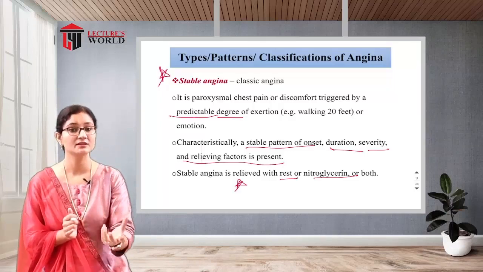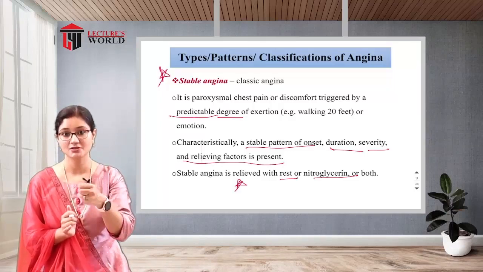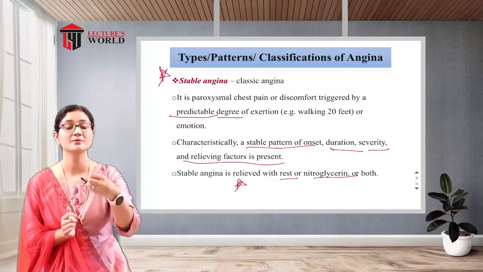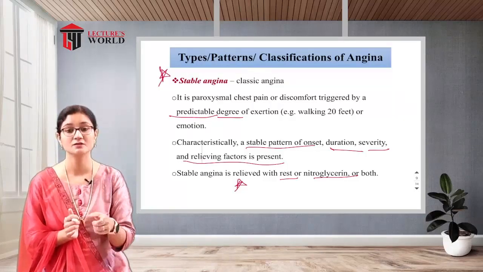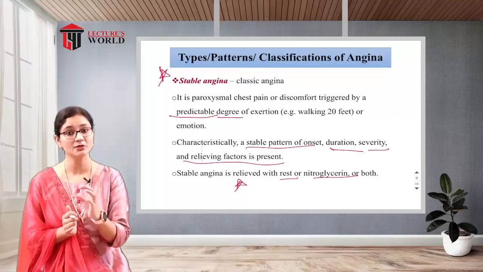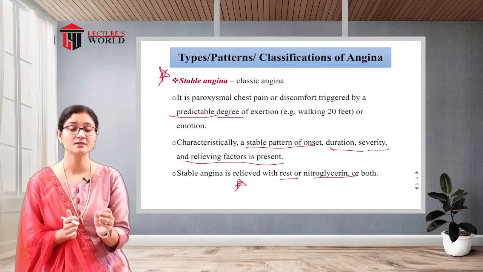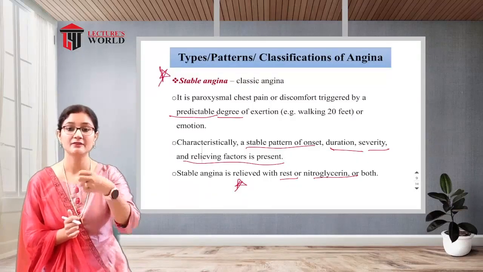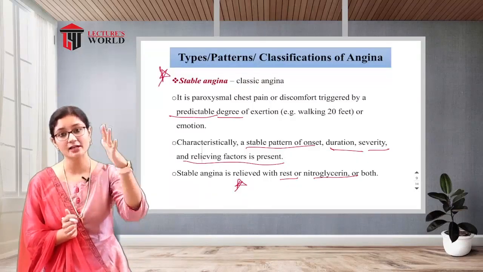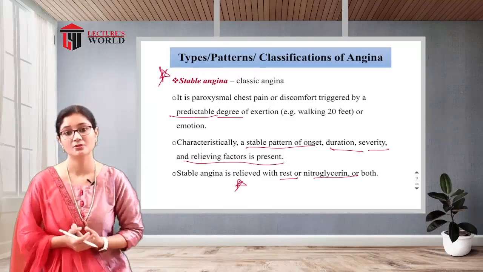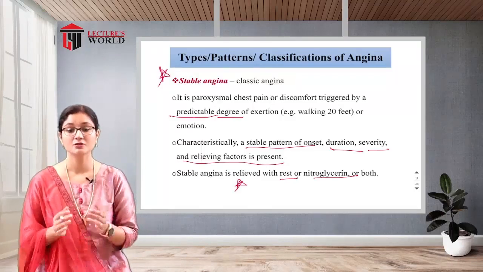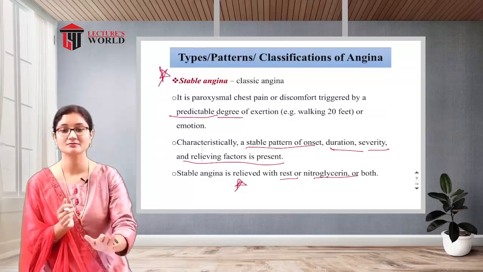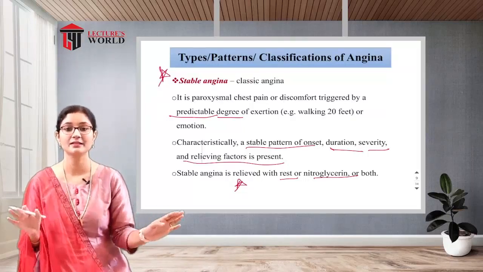As you know, mostly because of the constriction or increasing workload, sometimes the vessels become small enough, so there is lack of blood supply to your myocardium. This is the main medicine given for a long time, a vasodilator. It dilates the vessel so that there is adequate blood supply to the myocardium. So when I give this nitroglycerin tablet or tell you to rest, the pain is relieved.